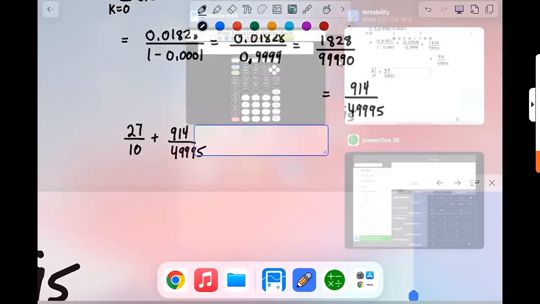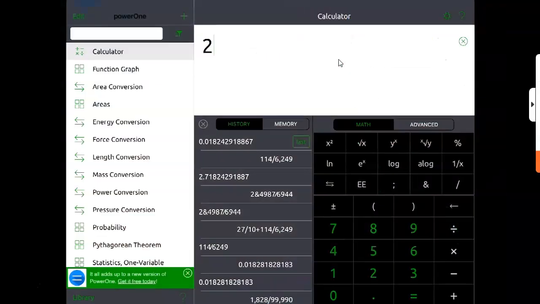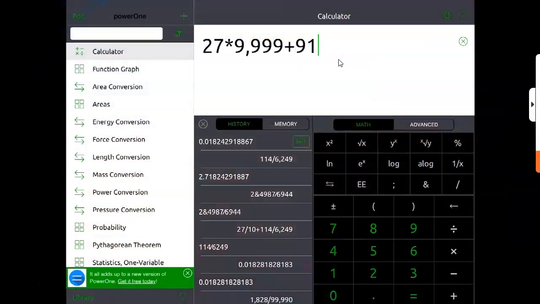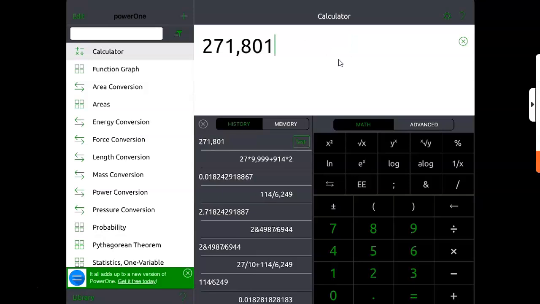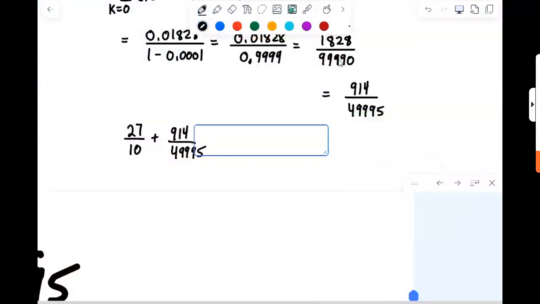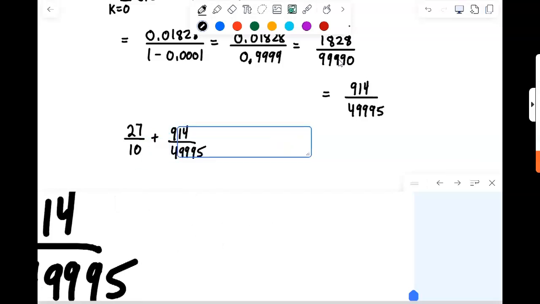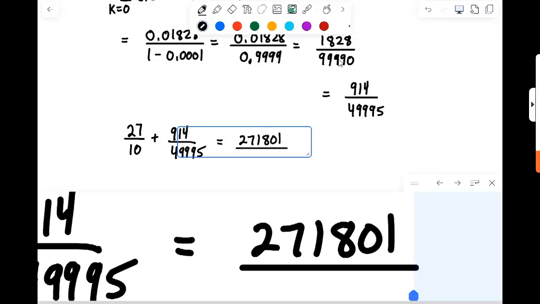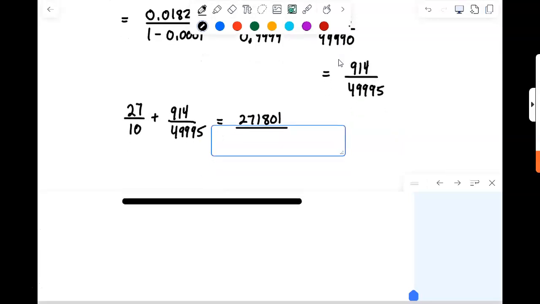So working that out, the numerator would be 27 times 9999 plus the other numerator, 914 times 2. And that gives me 271,801 over 99990.